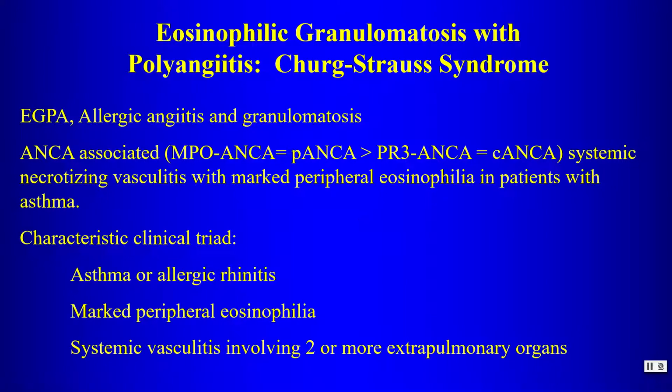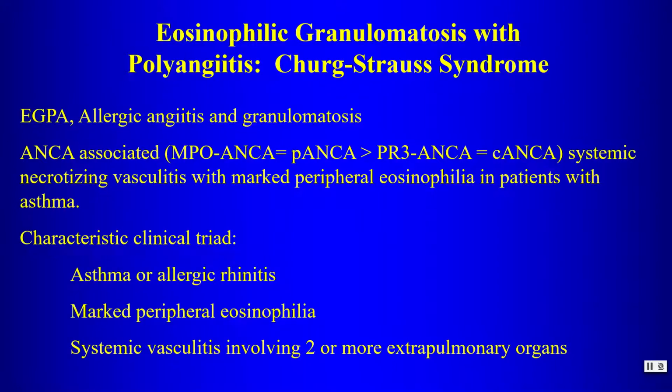So this is an allergic angiitis and granulomatosis. It is associated with elevated eosinophil levels. This can result in necrotizing vasculitis with marked peripheral eosinophilia. Often this is associated with asthma. So the characteristic clinical triad is asthma or allergic rhinitis, marked peripheral eosinophilia, and systemic vasculitis involving 2 or more extrapulmonary organs.